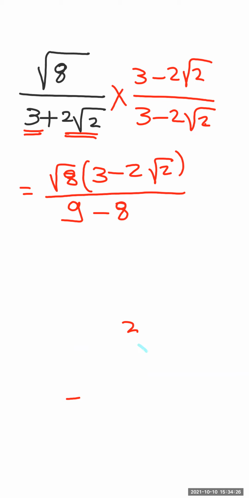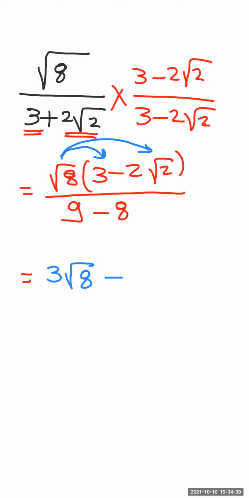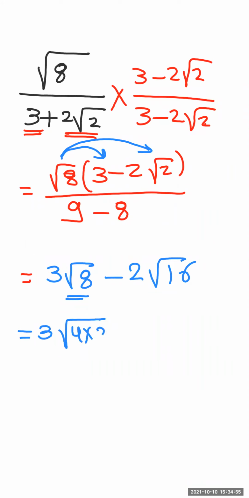Okay, so simply this means it will equal square root of 8 times the 3 means the 3 square root of 8 minus square root of 8 times 2 square root of 2, so it will equal square root of 16.